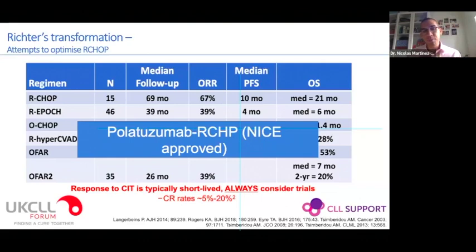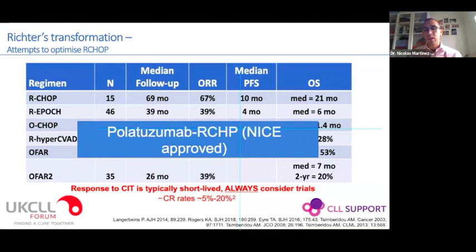I'm not discouraging people from using polatuzumab R-CHP, because I think it might do some good, but it's important to mention that patients do have a high risk of febrile neutropenia with this combination, and a high percentage of infusion-related reactions, delayed infusion reactions, etc. So it is not trivial, and if we're thinking about patients above the age of 65 or 70, we should be careful.